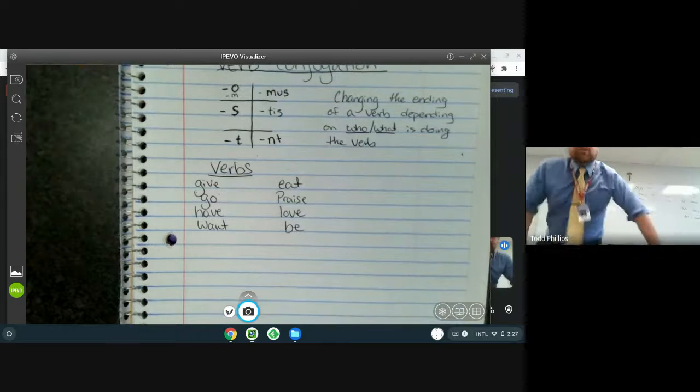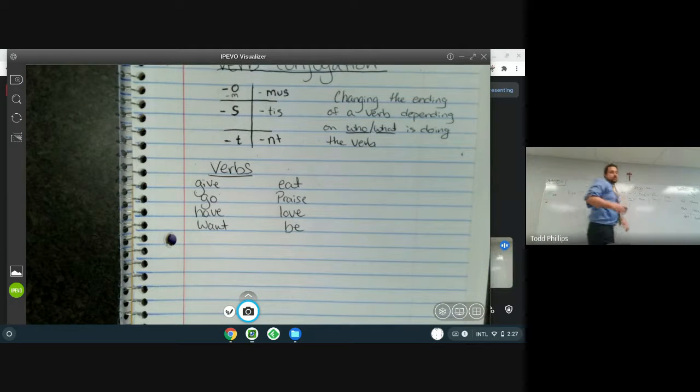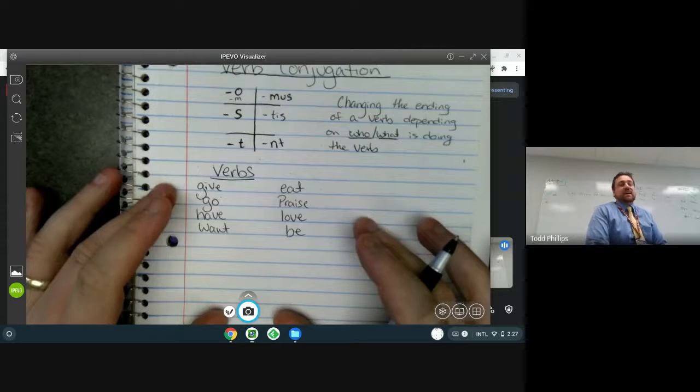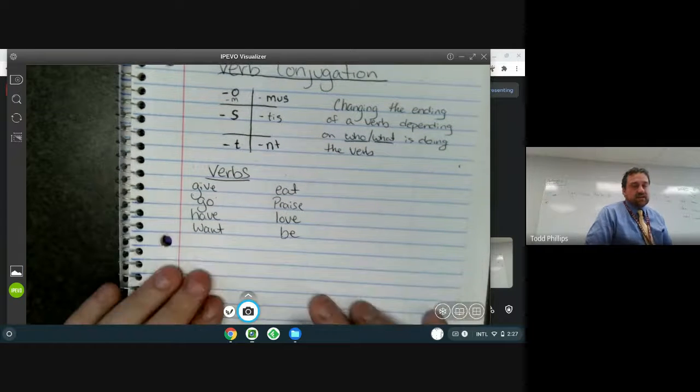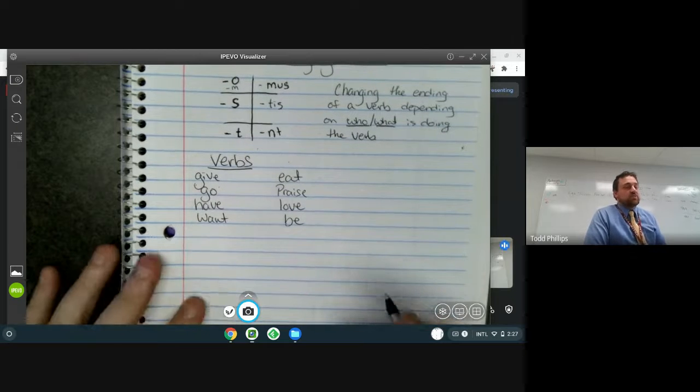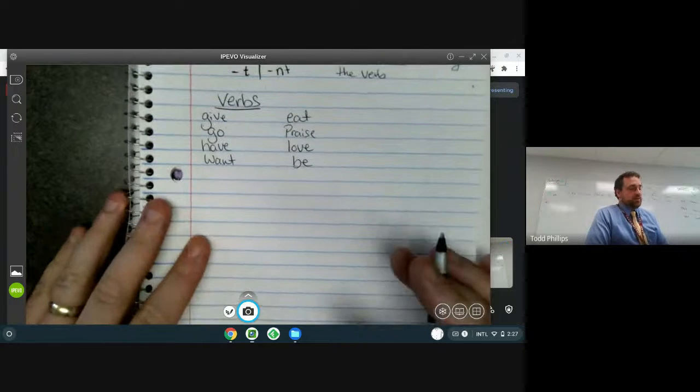Okay, these are the 8 verbs I'm going to give you. These 8 verbs are going to help us understand the different cases and when to use them a little bit better, okay?